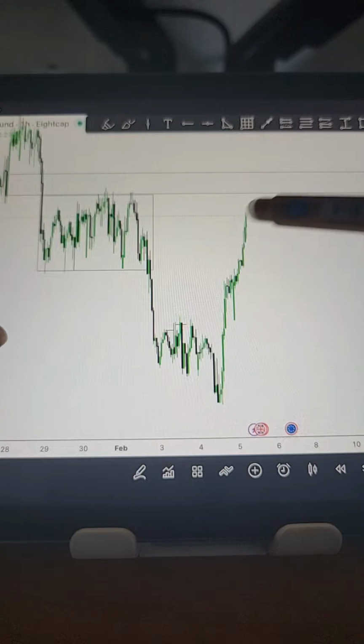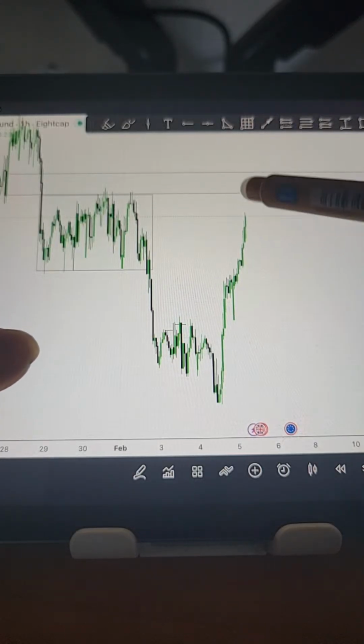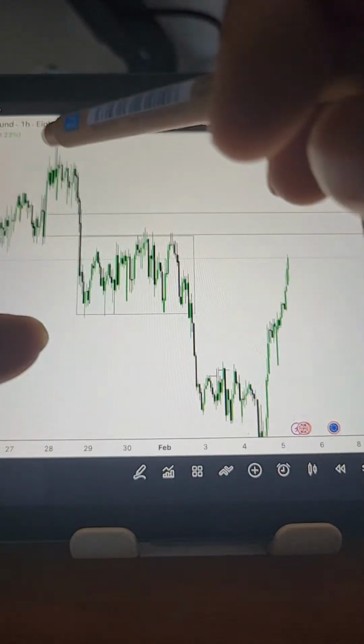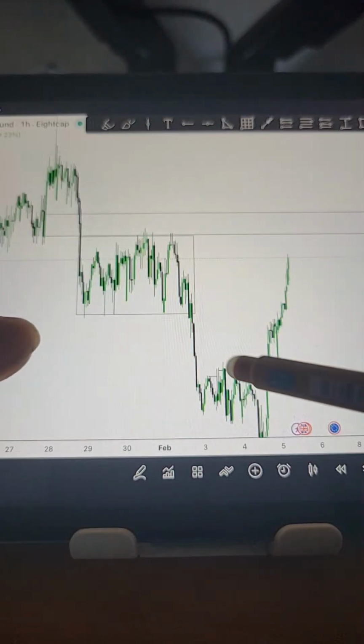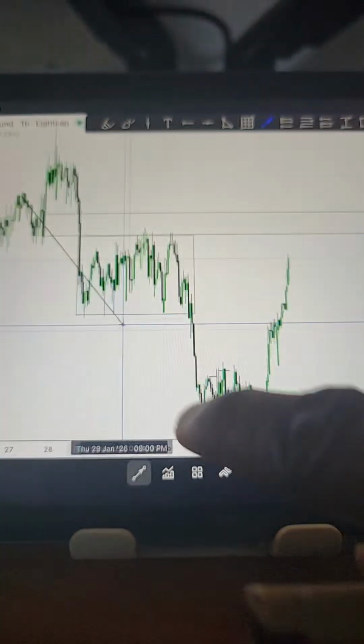So what I'll do is wait for confirmation. My overall order flow is bearish, trading downward.